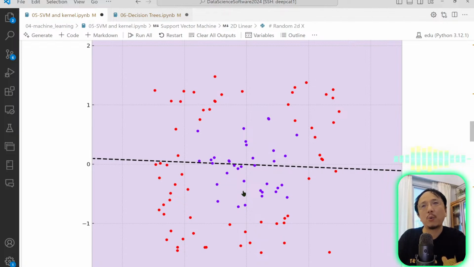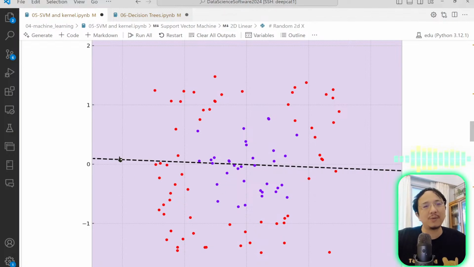So you can see that when we apply the support vector machine, you'll get a decision boundary, something like this one, which is not very good.